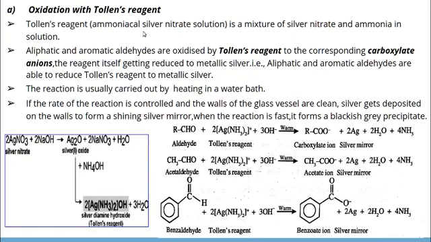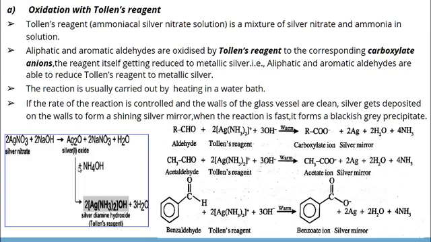So first we can go through the oxidation of aldehydes and ketones with the mild oxidizing agent Tollens reagent. Tollens reagent is ammoniacal silver nitrate solution. That means it is a mixture of silver nitrate and ammonia in solution.